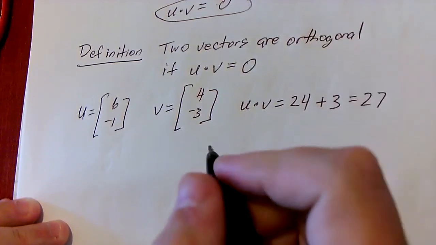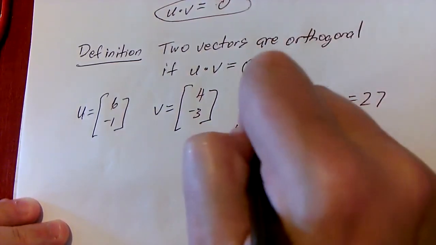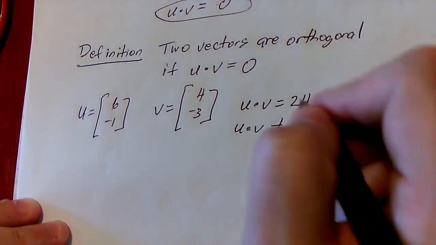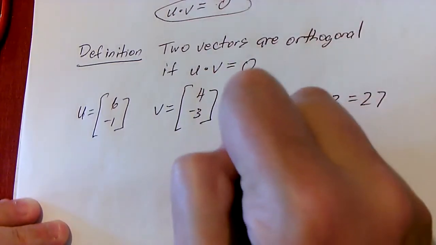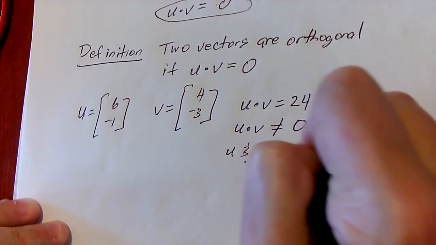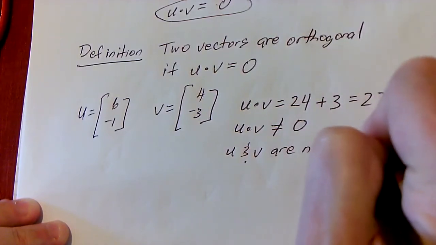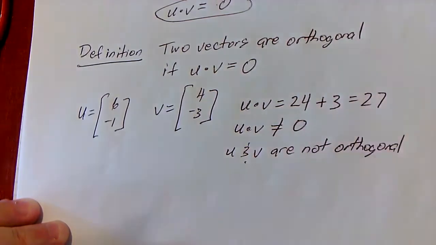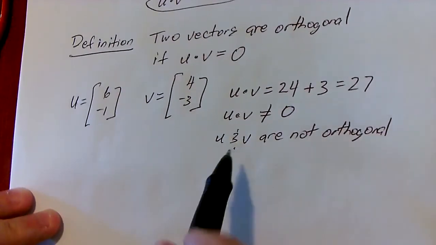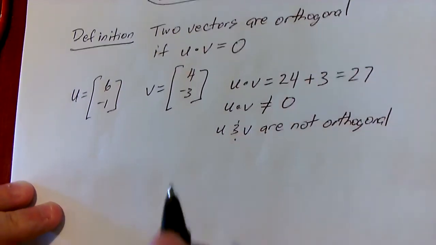I get 27. Okay, so u dot v does not equal 0. So u and v are not orthogonal. That means if you plot them on a graph, the relationship between them does not form a right angle.